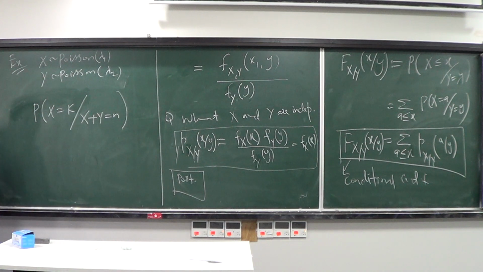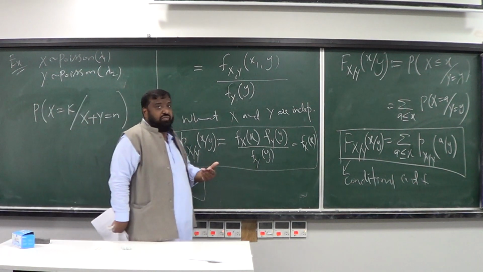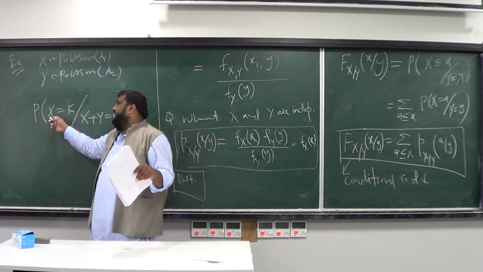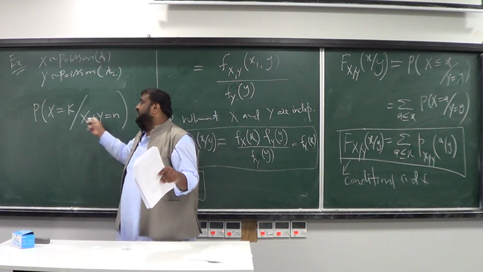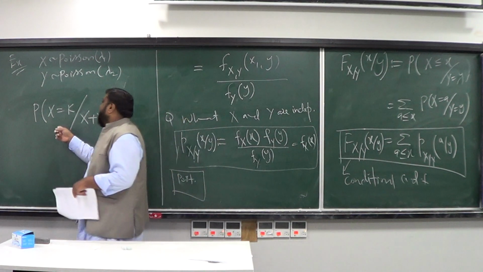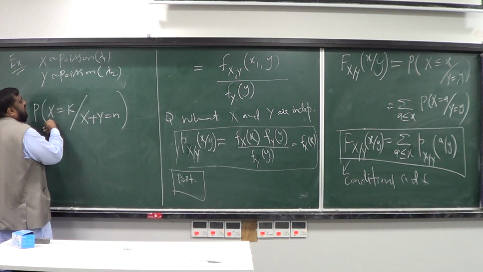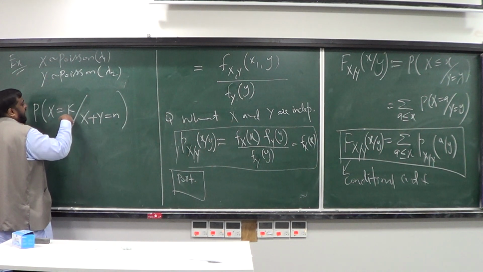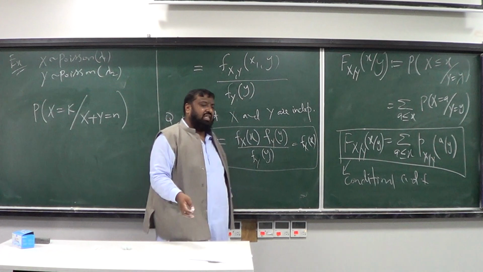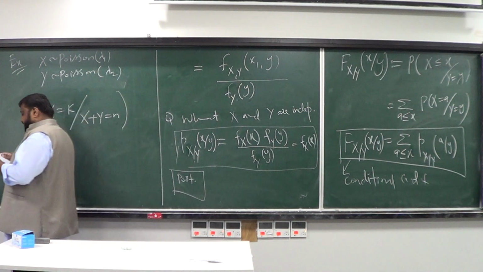Now imagine, given that the total number of people who have visited the post office on a given day is n, what is the probability that the number of males out of these n is equal to k? So this is the probability, for example, that I'm interested in.